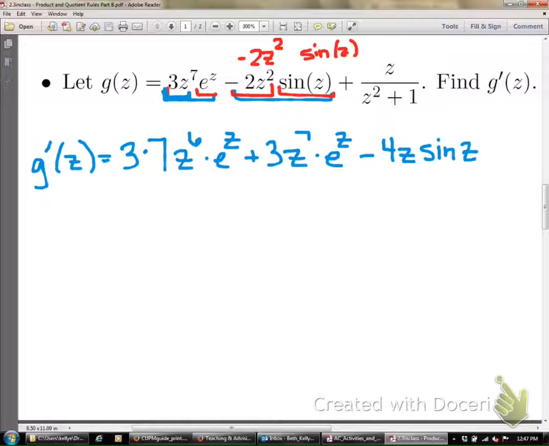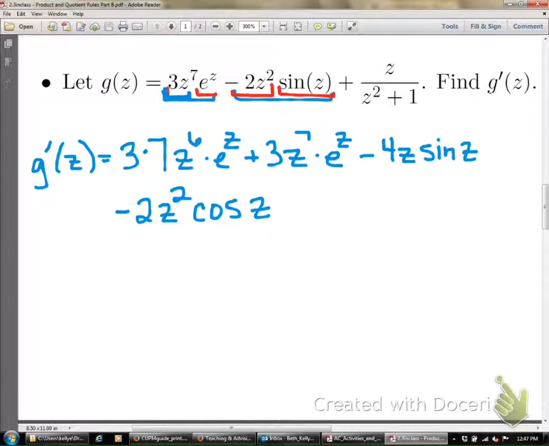All right, I'm going to go to a new line. The next thing we're going to do is leave the first function alone, negative 2z squared, and take the derivative of the second function, cosine of z. All right, so now we've taken the derivative of all of that term.